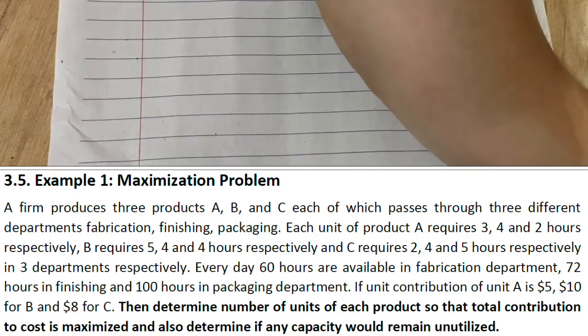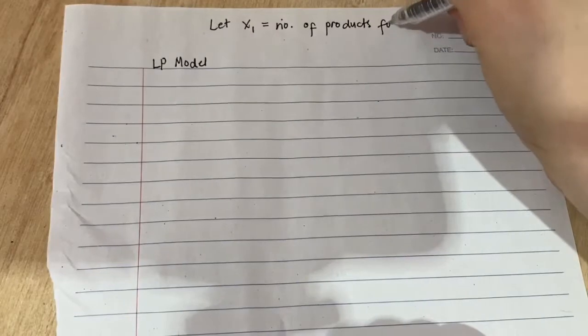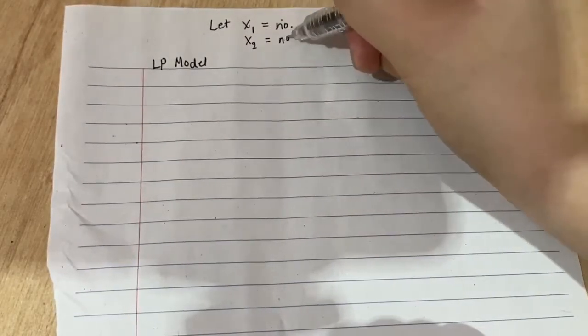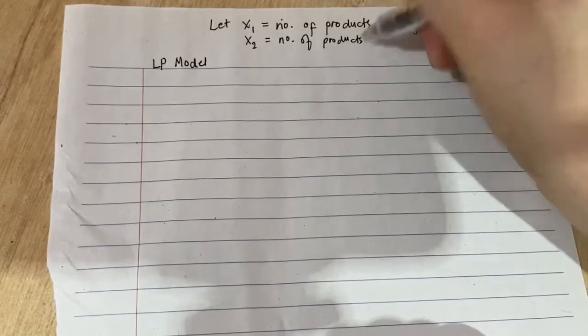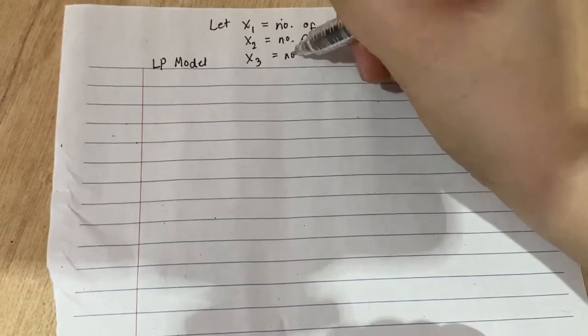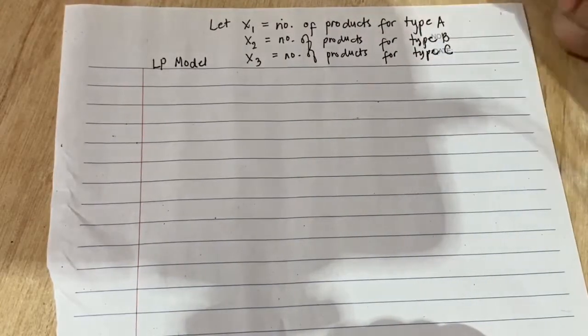So don't forget to put "let." X1 will be for the number of products for type A, and then X2 for the number of products for type B, and X3 will be the number of products for type C.